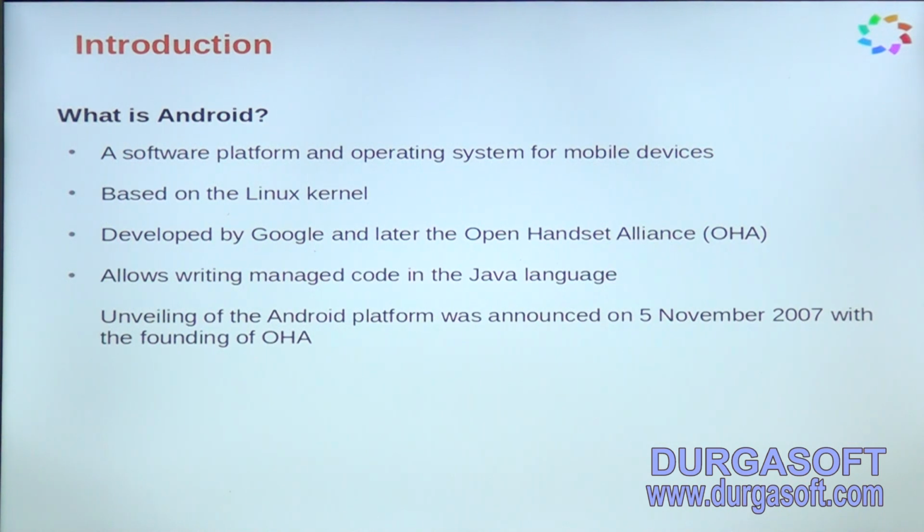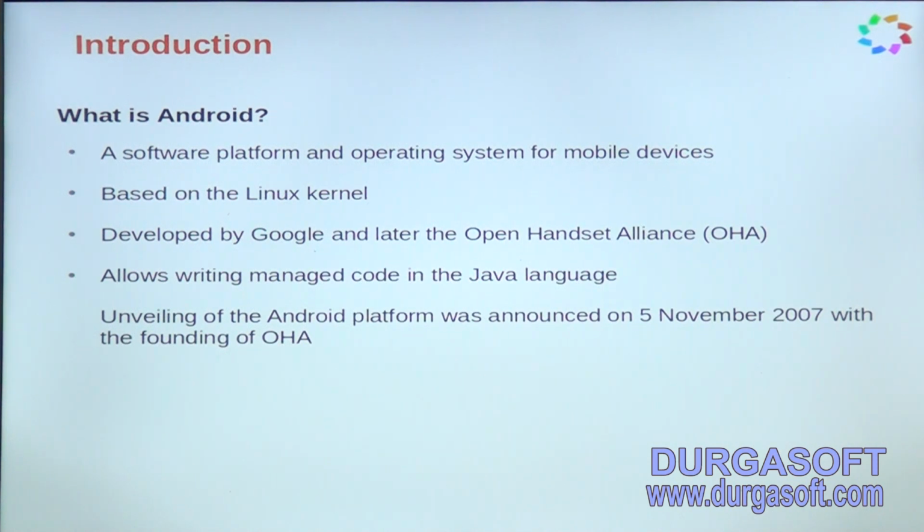So what is Android? Android is not simply a software or an operating system. It's both a software and an operating system for mobile devices. Which means it's a couple of packages which supports you on any kind of hardware.